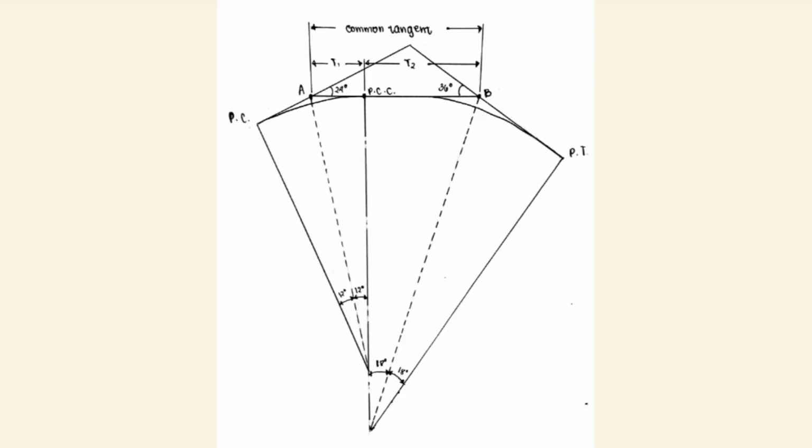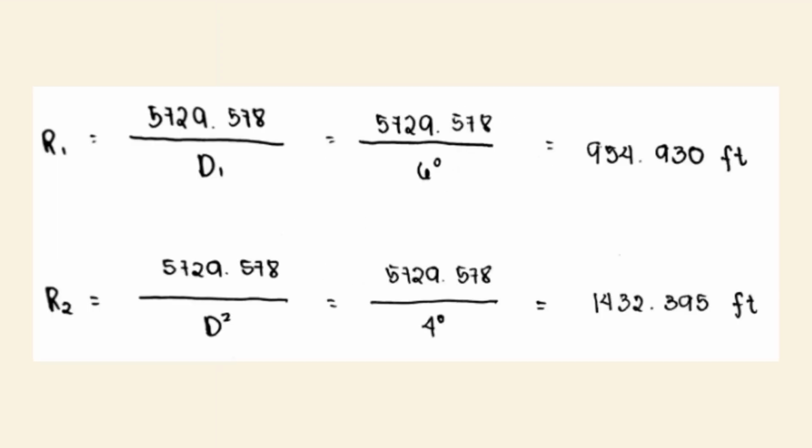First, using the arc basis. R sub 1 is equal to 5,729.578 over D. It is equal to 5,729.578 over 6 degrees. Our R sub 1 is now equal to 954.930 feet.